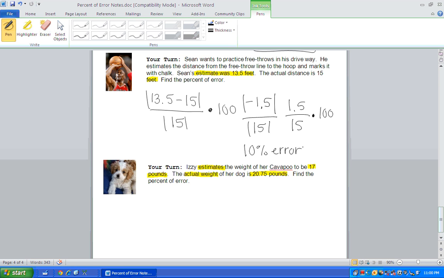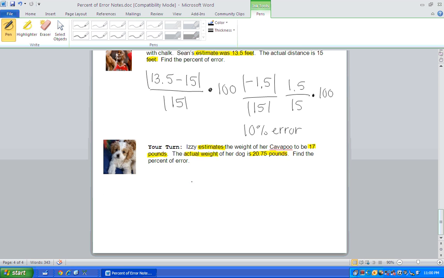All right, and the last one. Izzy estimates the weight of her Cavapoo to be 17 pounds. The actual weight of her dog is 20.75 pounds. So the approximate would be her estimate, the 17 pounds, minus the actual weight of her dog, 20.75, and that goes inside the absolute value symbol, divided by the exact, times 100.